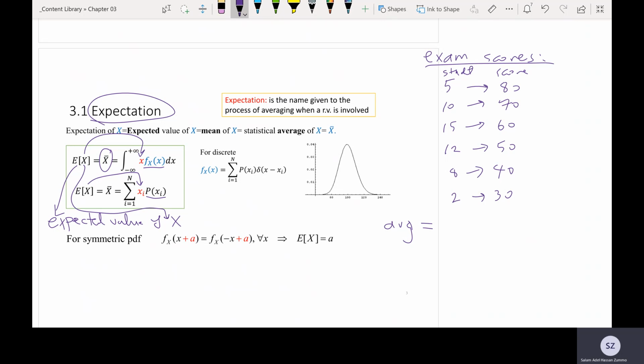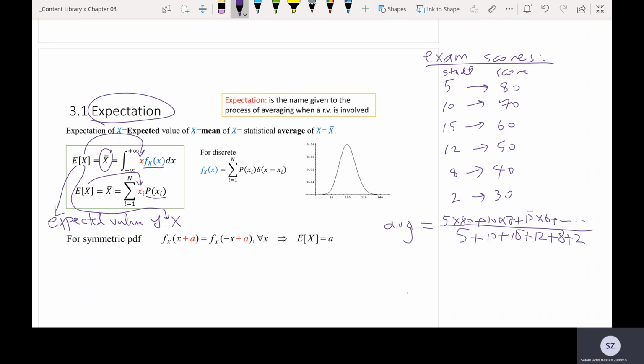So basically تقولوا انتوا ايش؟ اطرح 5 في كم؟ 80 صح؟ زائد 10 في 70 زائد كم؟ 15 في 60 صح؟ على تقسيم كم؟ عددهم. summation of كم؟ 5 زائد 10 زائد 15 زائد 12 زائد 8 صح؟ هذا اللي سويناه.